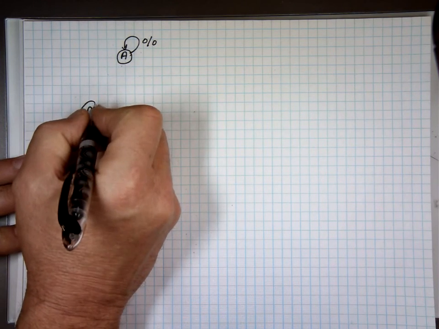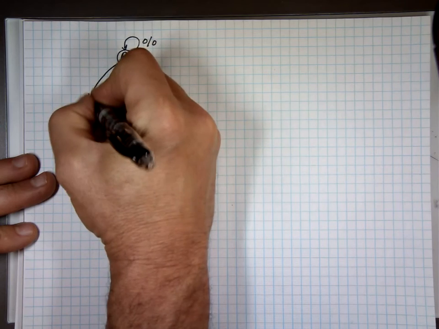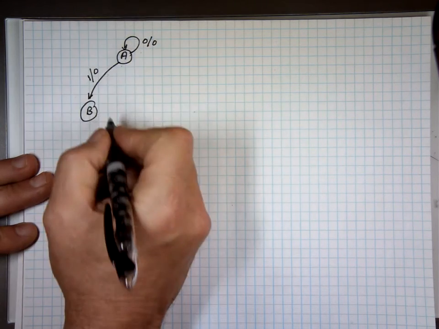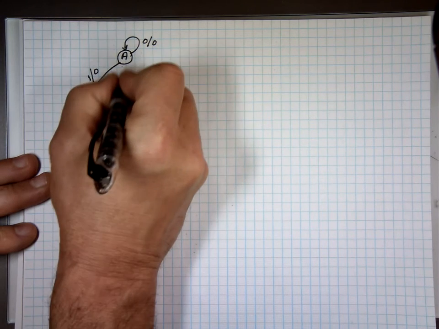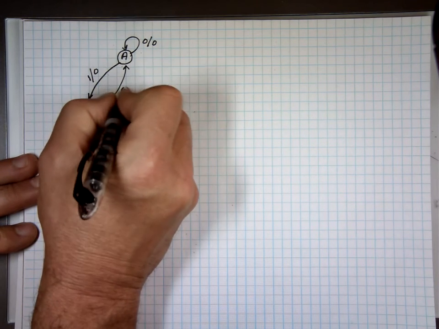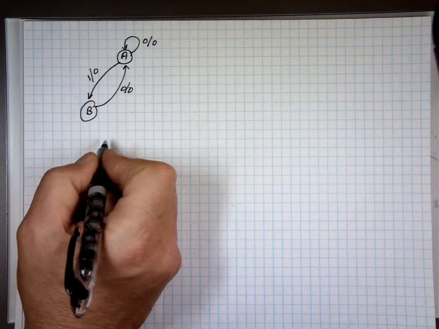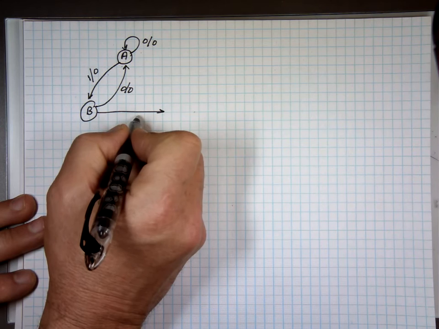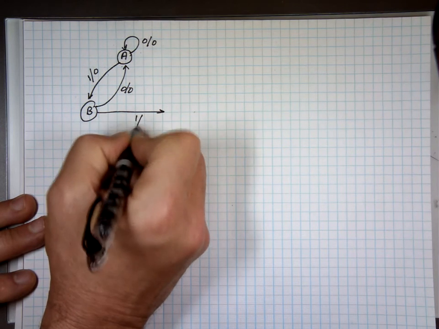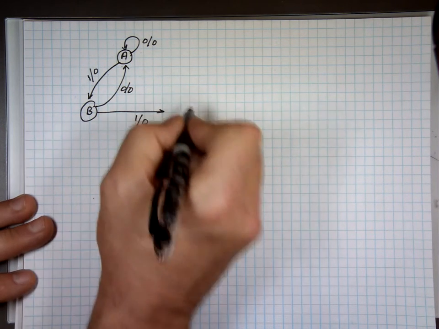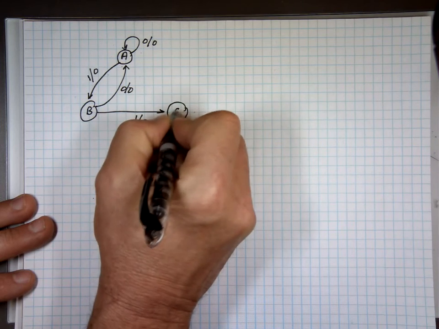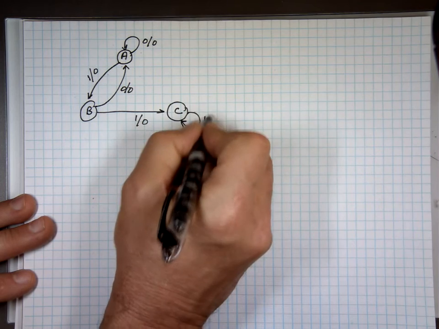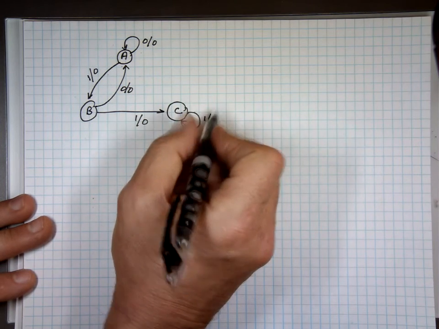If you put a 1 and you go to 0, if I put a 0, you go to A. If I put a 1, I get a 0 here. If I put a 1, you stay there. And if I put a 0, I go back there.